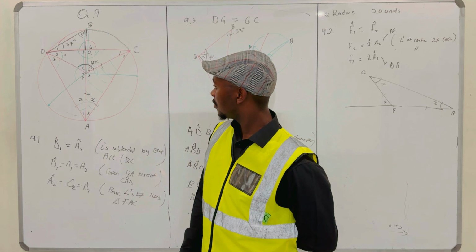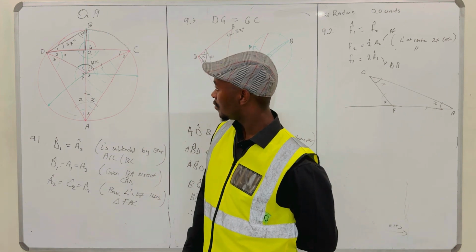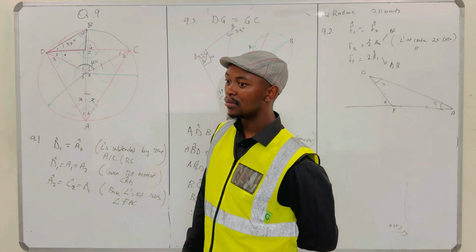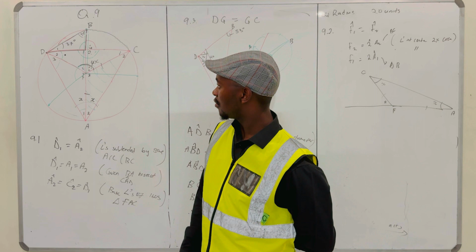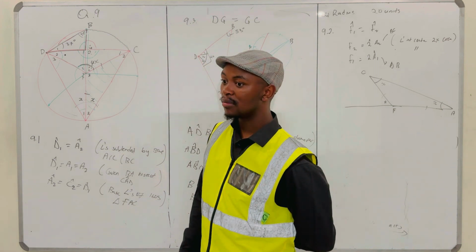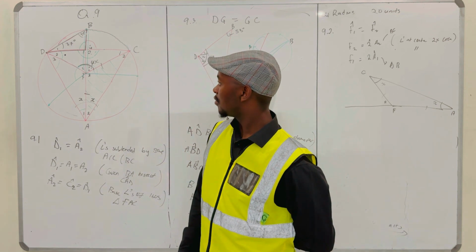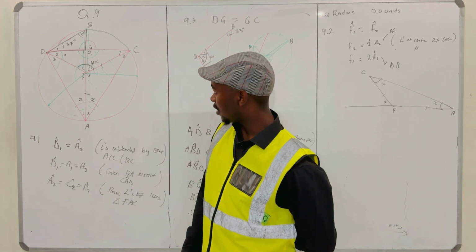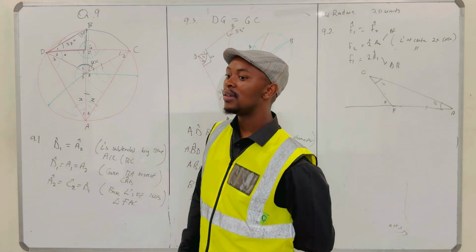Or we can just say we're using congruence, which means in both triangles, the left one is GDF and GCF. You can say that GF is equal to GF because that is a common line. And then you can say angle F1 is equal to F2 because you've proved that they are equal.